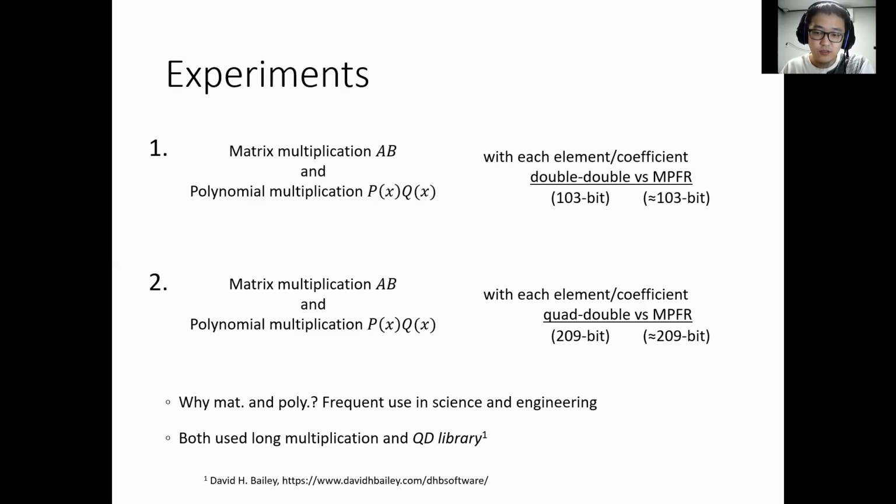Also, in these tests we have used long multiplication only, without any advanced multiplication algorithms, and also used the QD library, that's an implementation of double-double and quad-double developed by David Bailey.